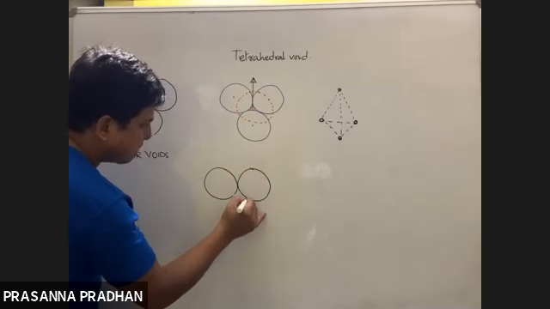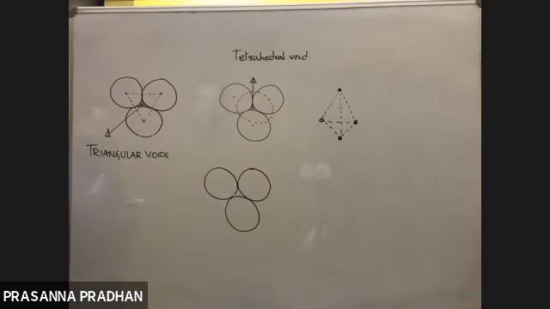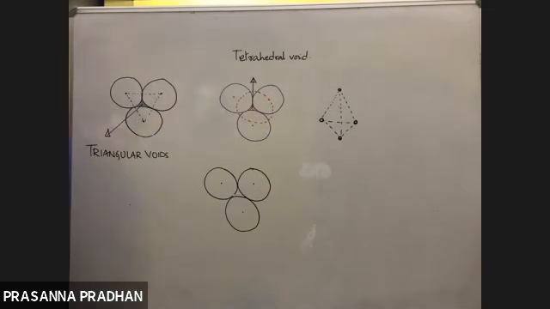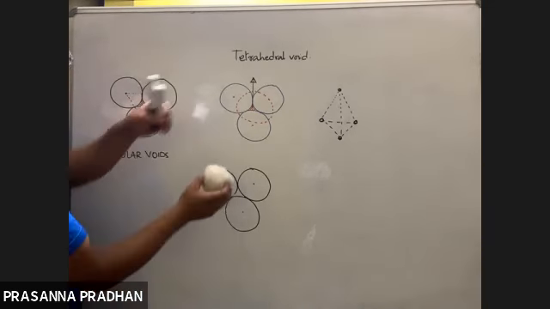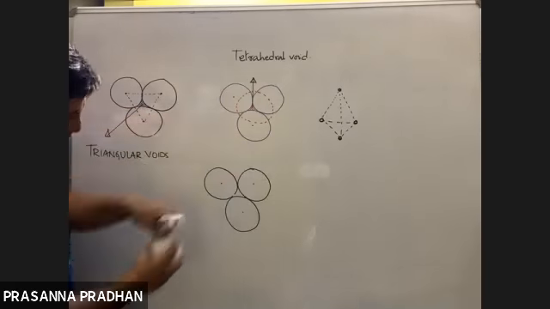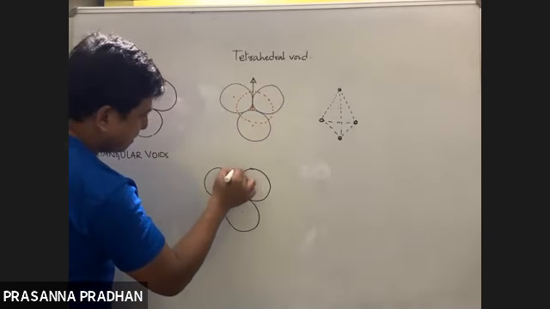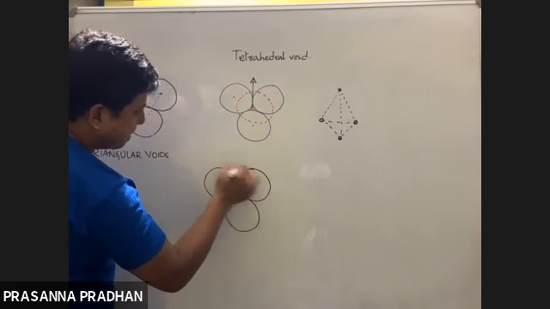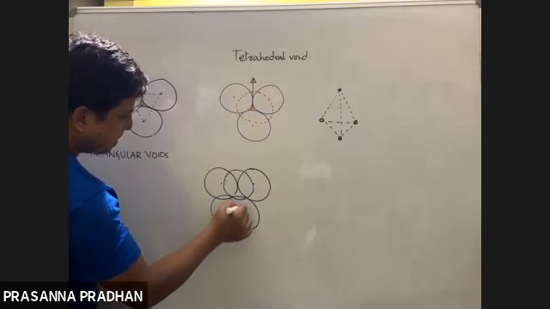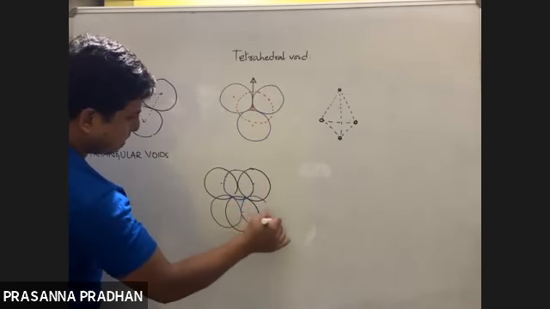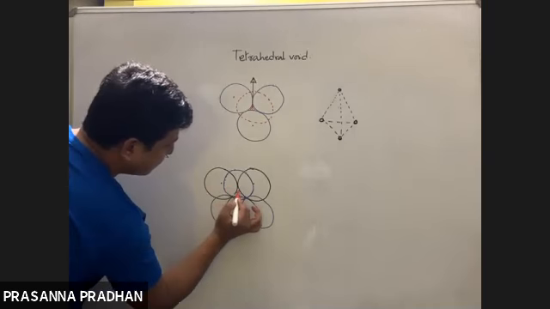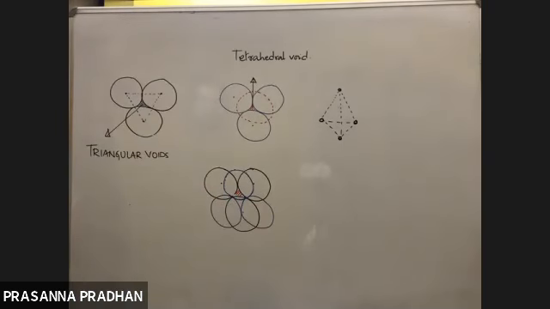If you can draw on the board, you'll understand everything. These three have their centers in the same plane. Now, on top of this I'll place three more spheres, one here and two here, in just the opposite way. Here the void is obviously visible again.